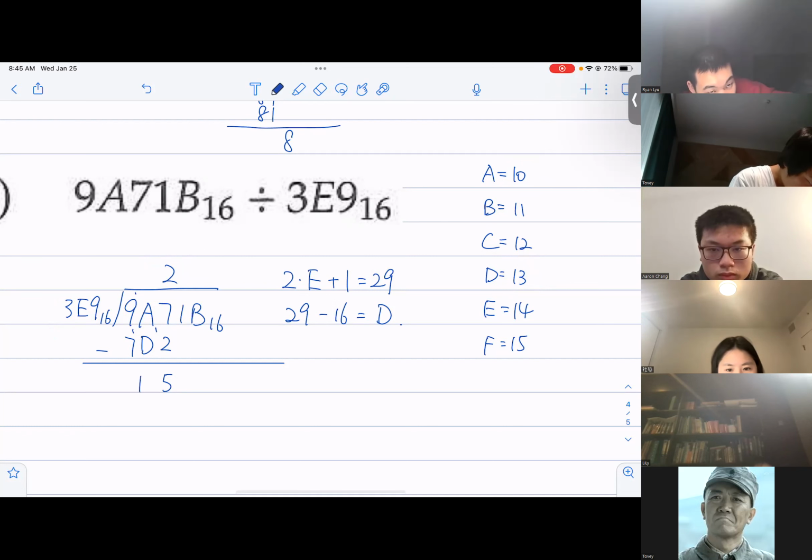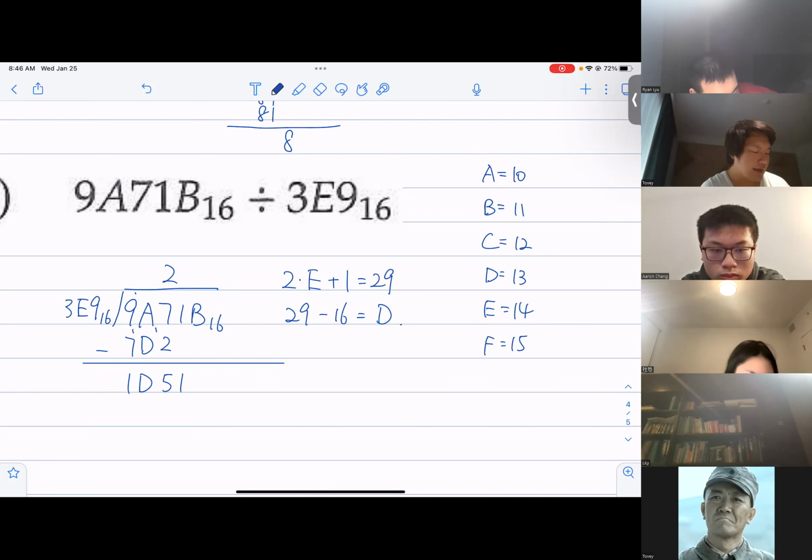And 13 is D. That makes sense? Okay, and then since you borrowed 1, that's 9, borrowed 1, that's 8. 8 minus 7 is just going to be 1. Then you drop the next digit 1 down here. It's 1D51.